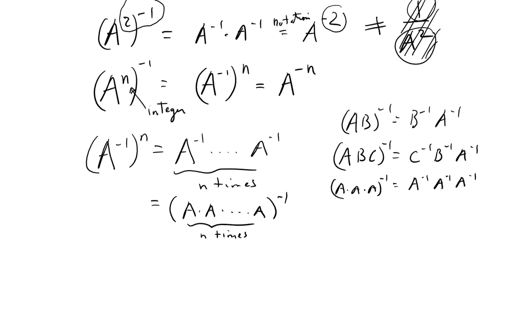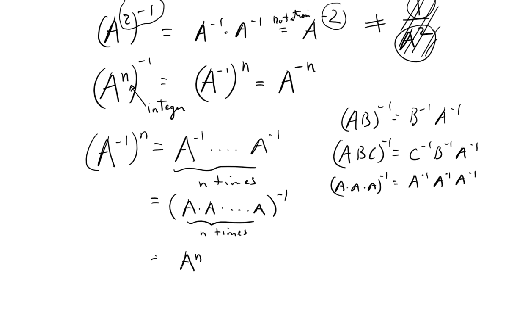So that's A to the n, because I've got A multiplied with itself n times, to the minus 1. What that shows is that these two are equal, and you can essentially permute the minus 1 with the n, and all of that is also equal to this.